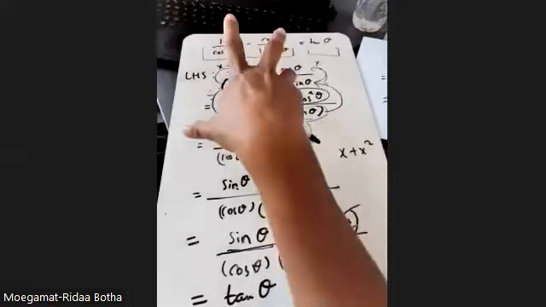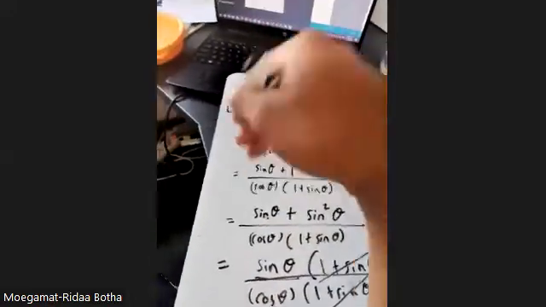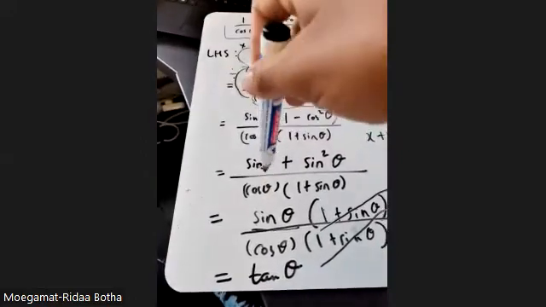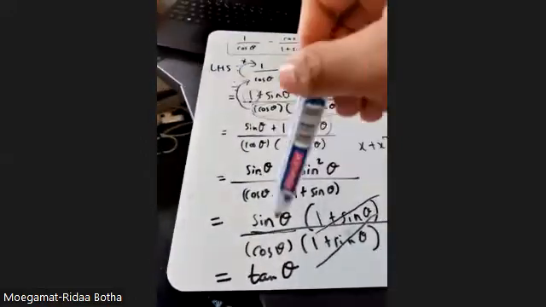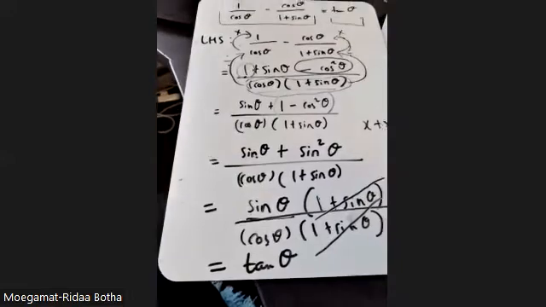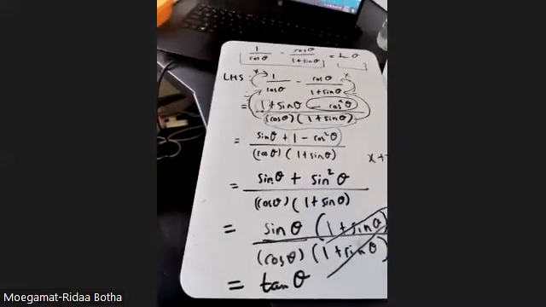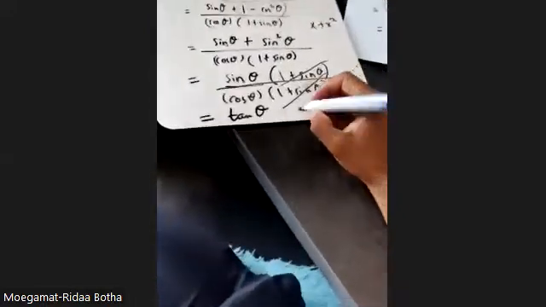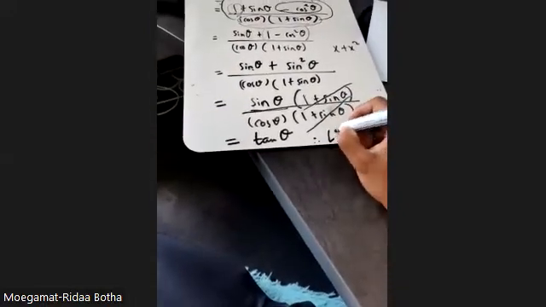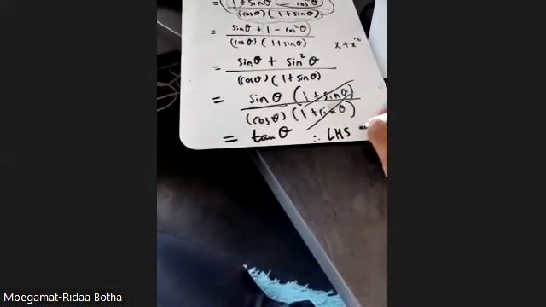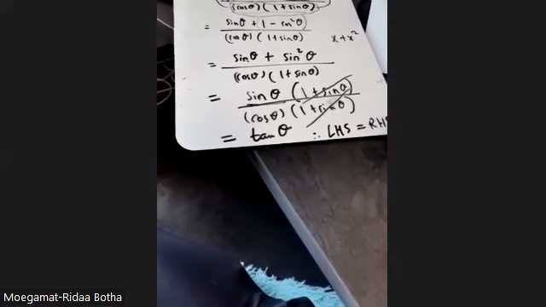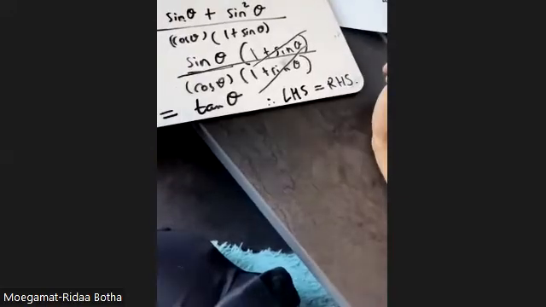You must do it independently until you can't anymore, until you simplify it fully. And you can see there we simplified it fully. It's tan theta. And now at the end of your question, you must write for your examiner: therefore, left hand side equals the right hand side. Okay.